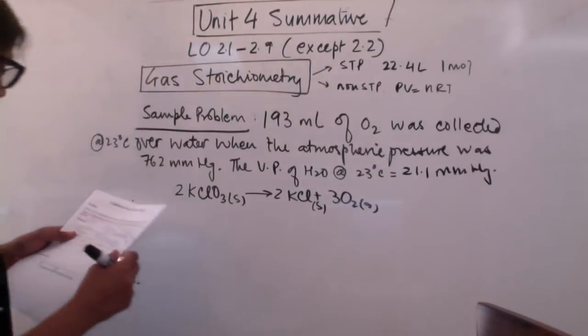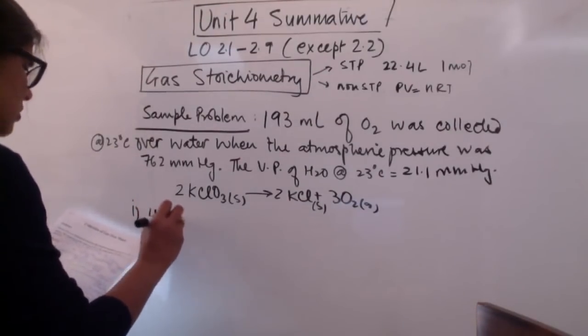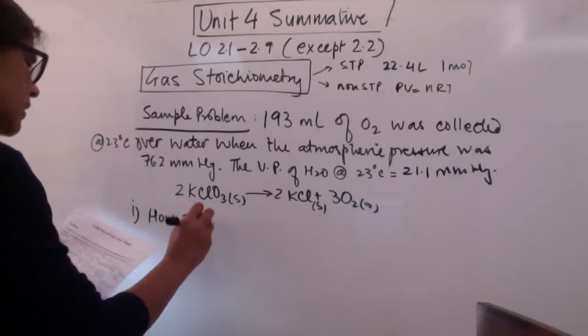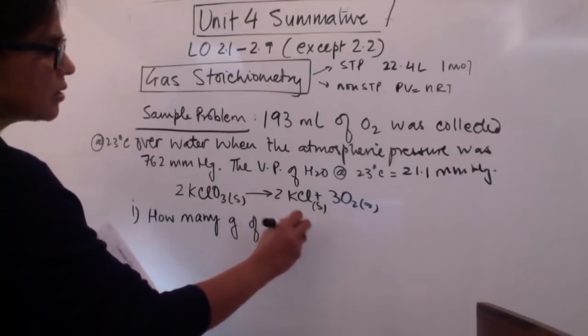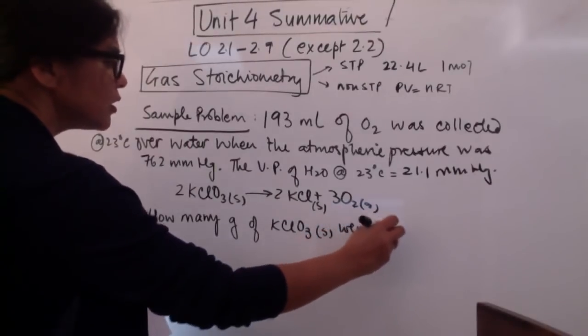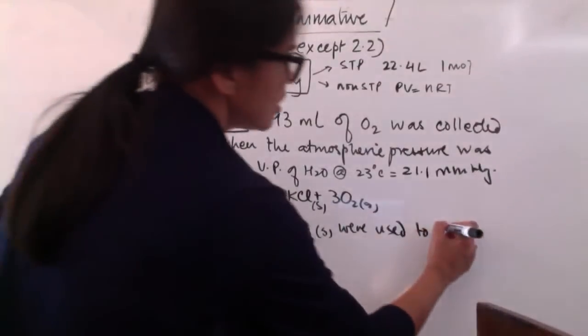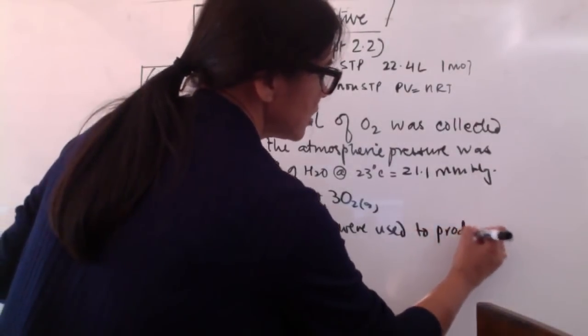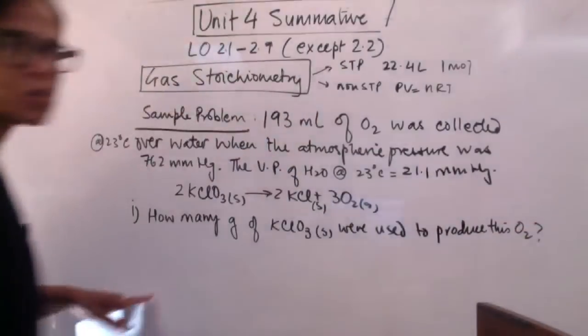The first part says, how many grams of KClO3 solid were used to produce this oxygen? That's the first problem.